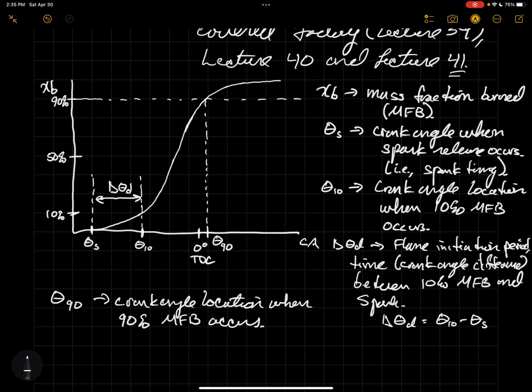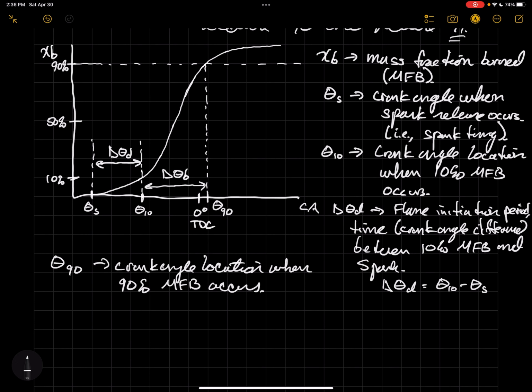And so likewise, just like we defined the flame initiation period, this flame development period, we can also define the rapid burning period, which we use delta theta B to identify. And so that's the time between 10% mass fraction burned and 90% mass fraction burned. And so delta theta B is what we call the rapid burning period.